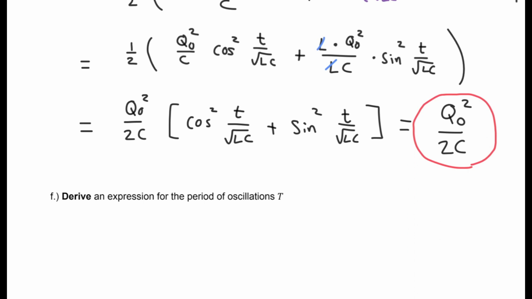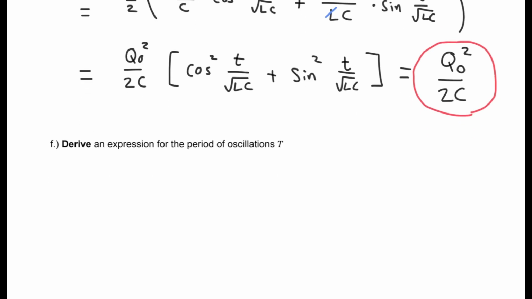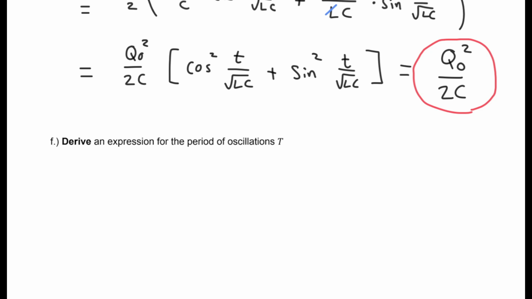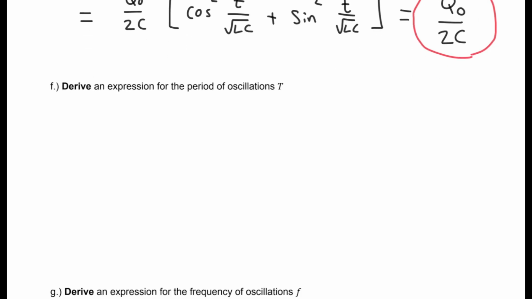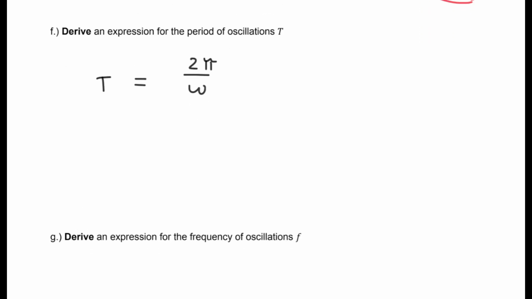So now we'll derive an expression for the period of oscillations, so how long it takes for a cycle to complete. This is just a relationship that T, capital T, is equal to 2 pi divided by omega. This is just an equation sheet formula.